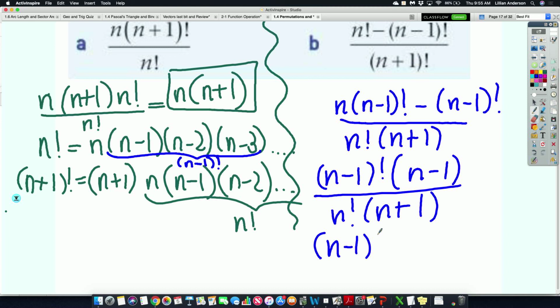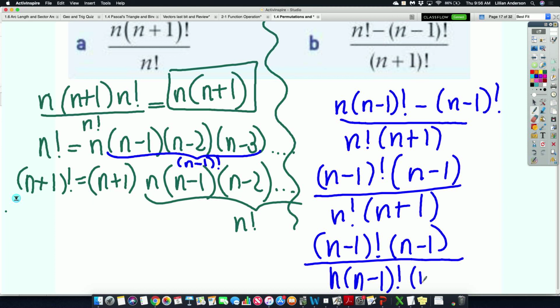And don't just say yes because you want me to write. I need you to see these things. If you don't, then we have an issue. What can I do from here? Can you cancel the n minus 1 factorials? Sure can. So then I'm left with n minus 1 all over n times n plus 1.